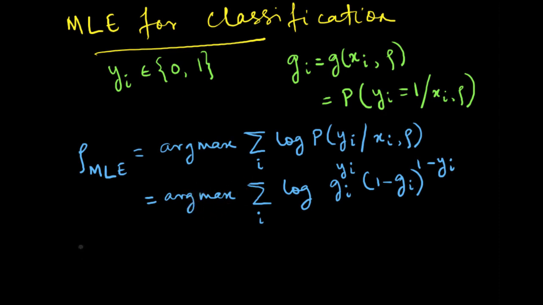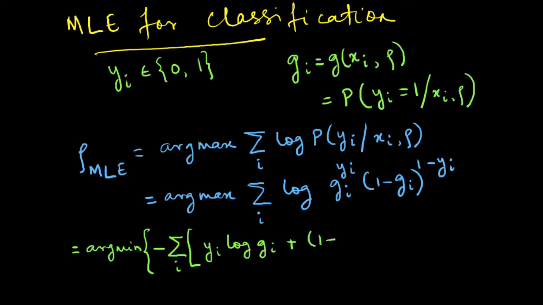So this is equal to argmin of minus summation over i of yi log of gi plus 1 minus yi log of 1 minus gi.